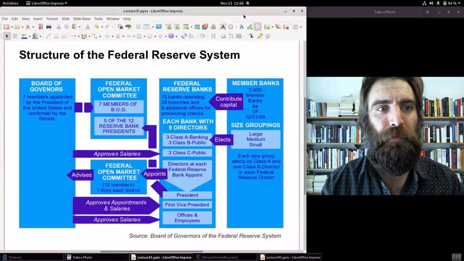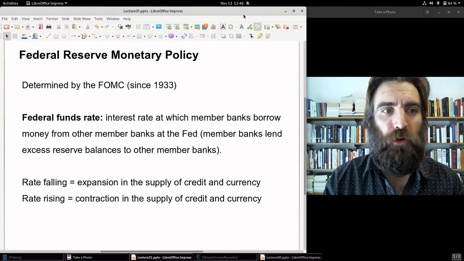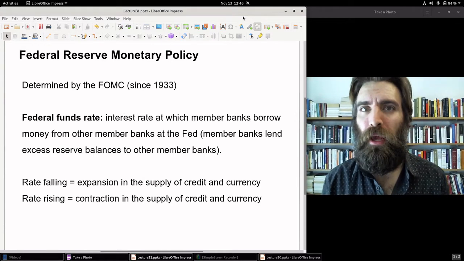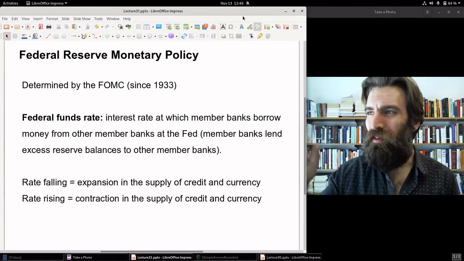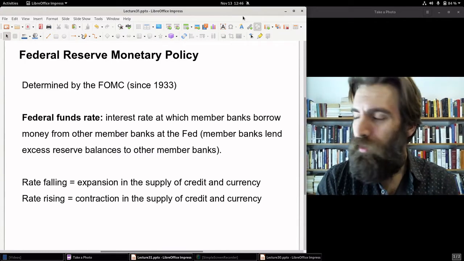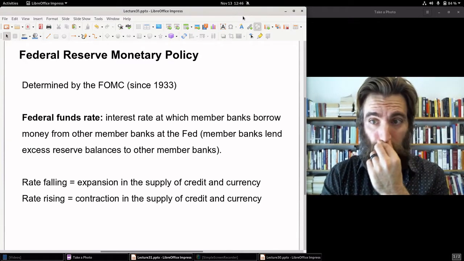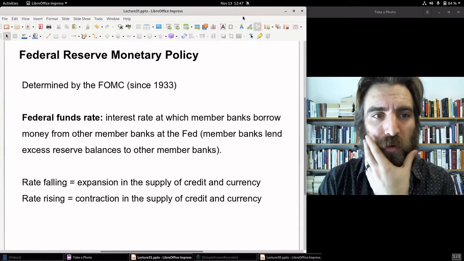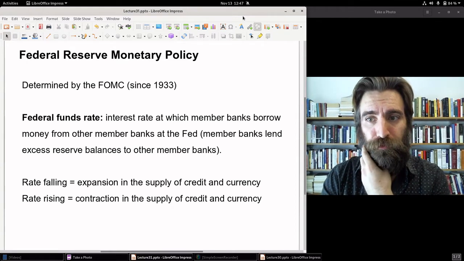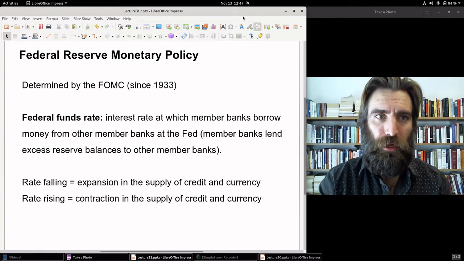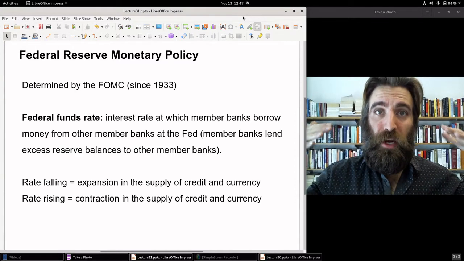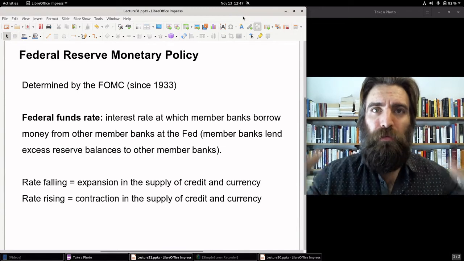The FOMC is in charge of, well, it's the Federal Open Market Committee. What does that mean? And what is this target rate that they set? Well, the Federal Reserve conducts monetary policy through what are called open market operations. But what they do initially at the FOMC is set a target for the federal funds rate.